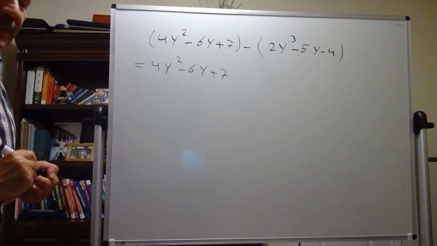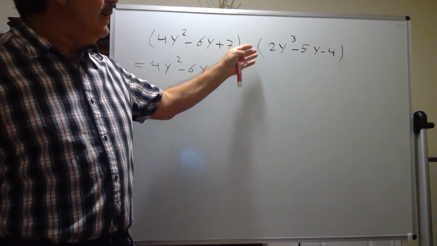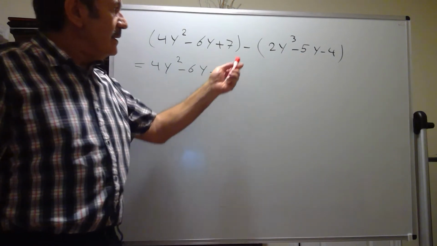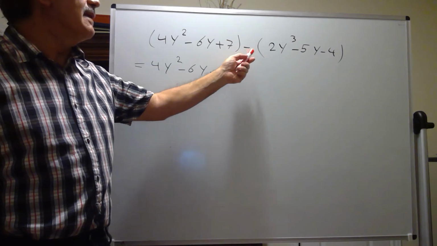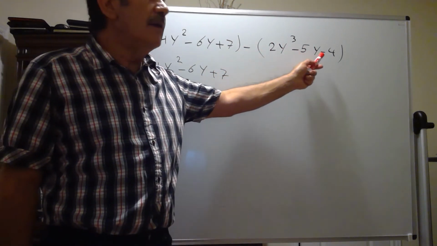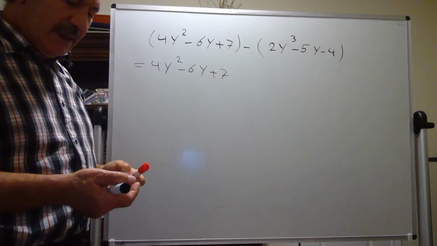But for the second bracket, if it was positive, or addition, again I would remove the bracket without doing any changes. But because it's negative, it is subtraction, so I remove the bracket by making the sign of all of the terms inside the bracket opposite.